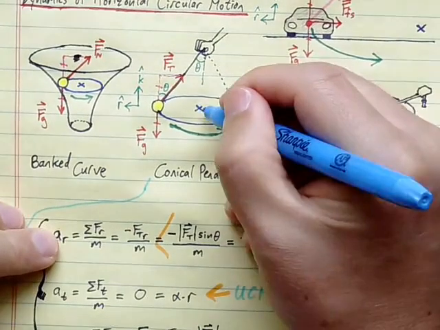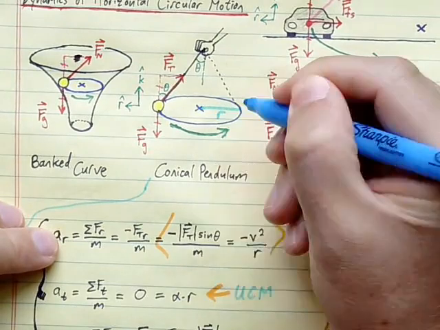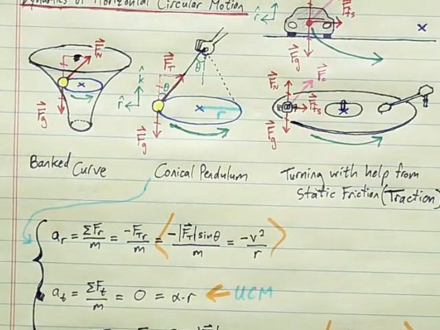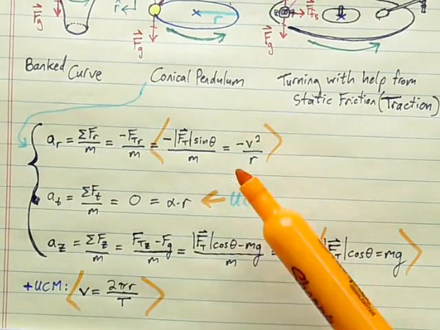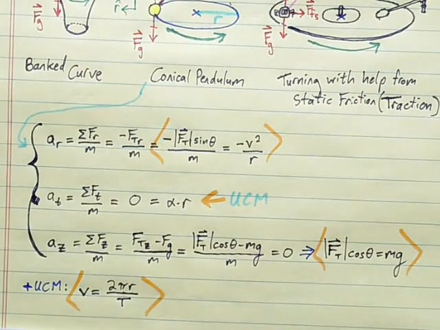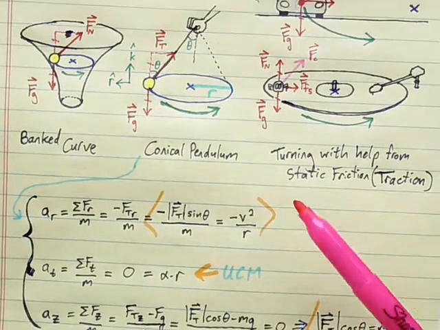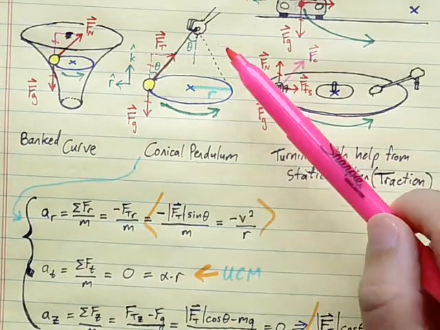Just to be clear, r would be the radius of the circular path right there. So between these three equations, you could solve for whatever it is that you wanted to know about this ball swinging in this conical pendulum-shaped manner.